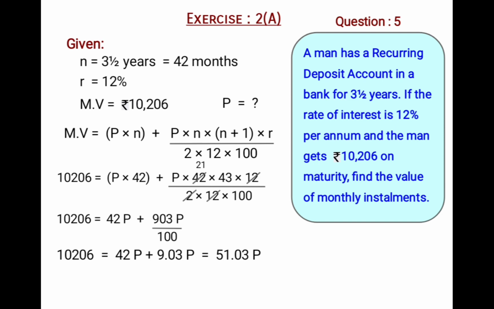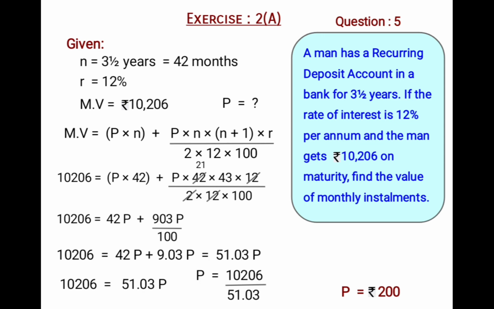Therefore 10,206 is equal to 51.03P. We want to find P value, so P is equal to 10,206 divided by 51.03. When we divide this further, we will get P is equal to rupees 200.